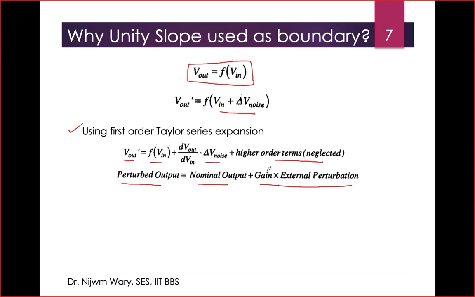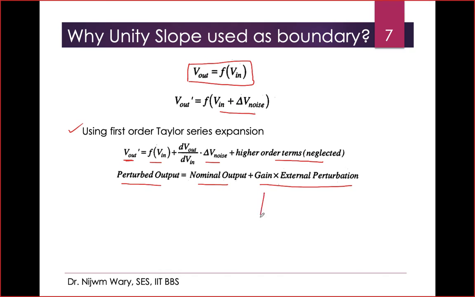That's why it's very important that we focus on the gain of the inverter, or the region of the inverter where the gain is very low, where dV out by dV in is very small. If dV out by dV in is very small, the external noise perturbation will not affect the operation of the inverter much.